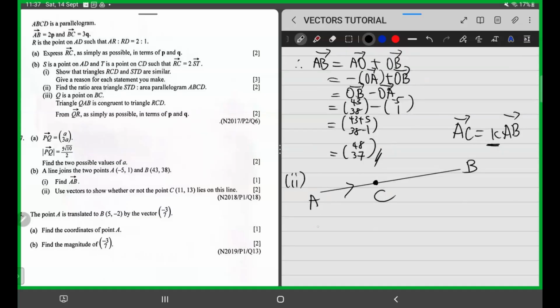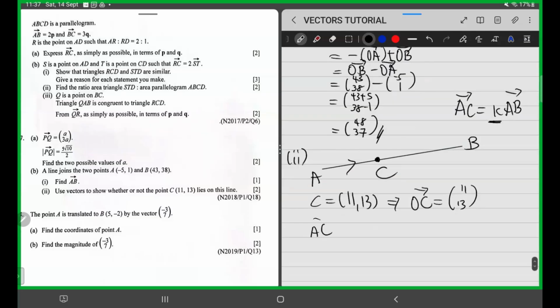So given that C is 11, 13, that means your position vector of C is 11, 13. Hence, AC is just OC minus OA, which gives us 11, 13 minus negative 5, 1.